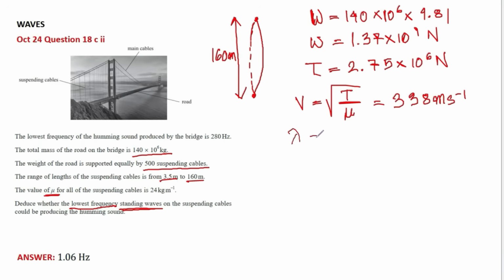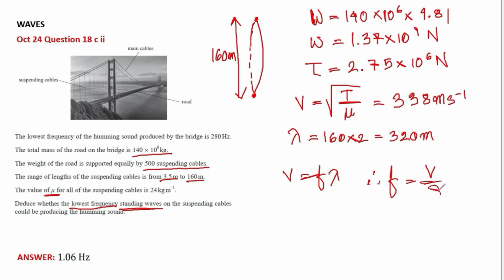So lambda equals 160 times 2 equals 320 meter. Now, you have V, you have lambda. The question is asking you to find out the frequency. What's the equation? Let's recall the equation. V equals F lambda. Therefore, F should be equal to V by lambda.